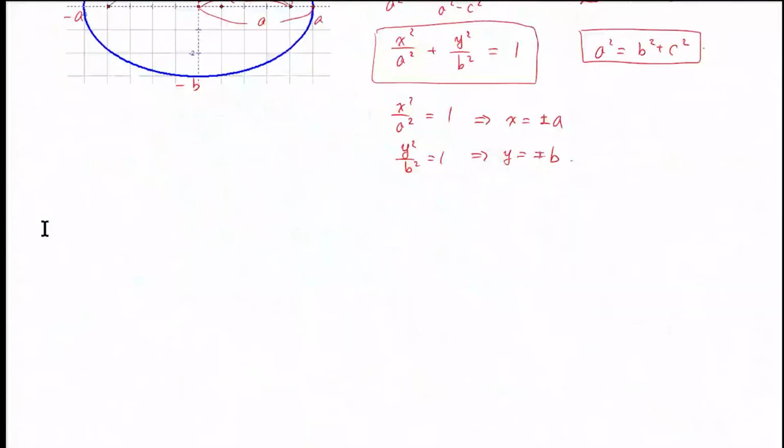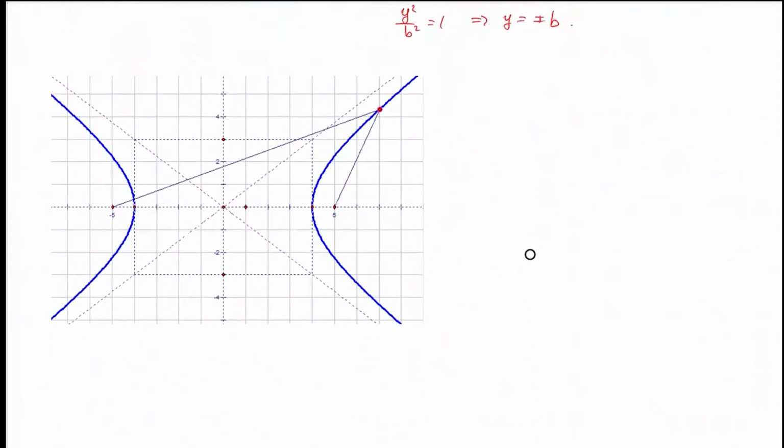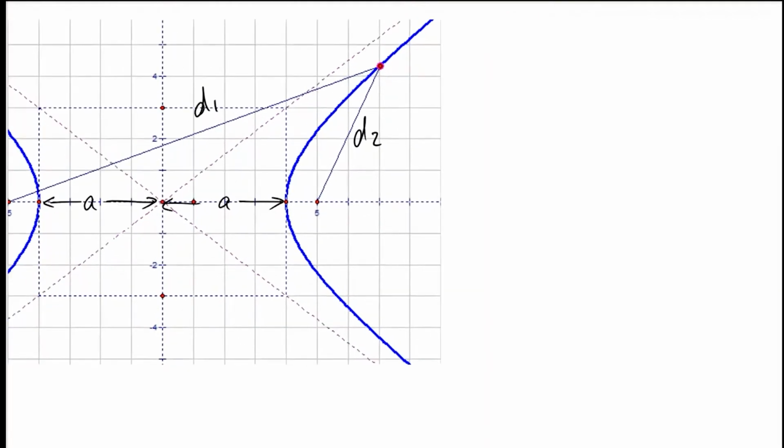Okay, and let's put it right here. And what we know so far is this is A, and this is A. And we'll call this D1, and this thing D2. How about that? Good.